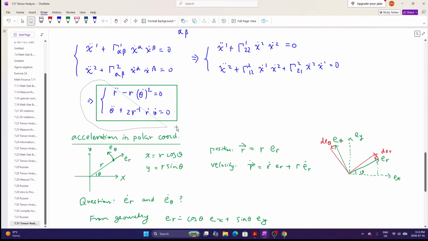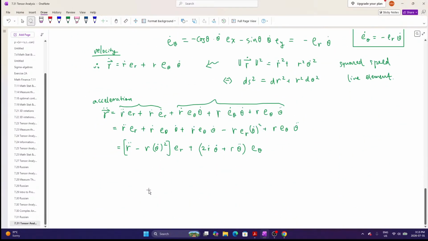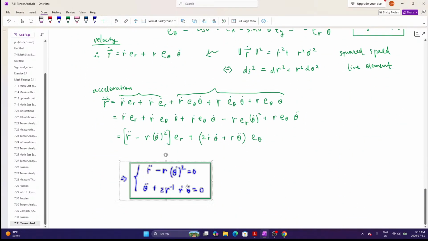We spent all that time deriving the acceleration in polar coordinates. Do we see anything similar here? The first one just says the component of the acceleration in the radial direction is 0. And the second just says the tangential component is also 0, because you can multiply r on both sides and you get exactly the component in the theta direction.